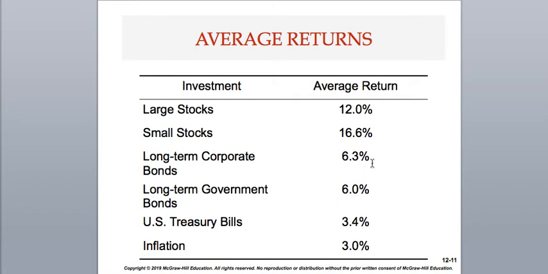Long-term government bonds, 6%. And as you would imagine, long-term corporate bonds have more risk than long-term government bonds, hence the higher return. Then you have US Treasury bills, 3.4%, and inflation averaging over the same time period of about 3%. Treasury bills 3.4, inflation 3%.